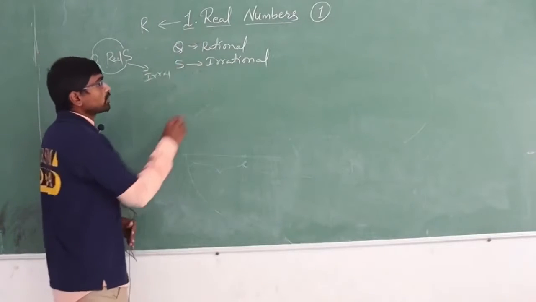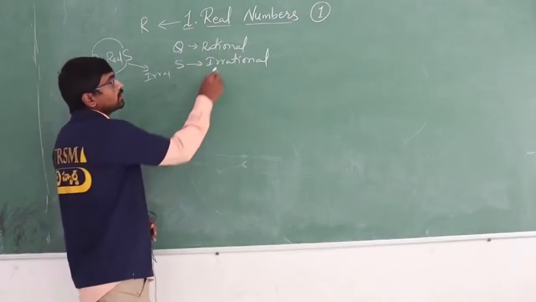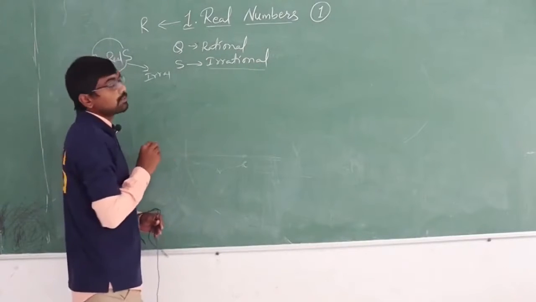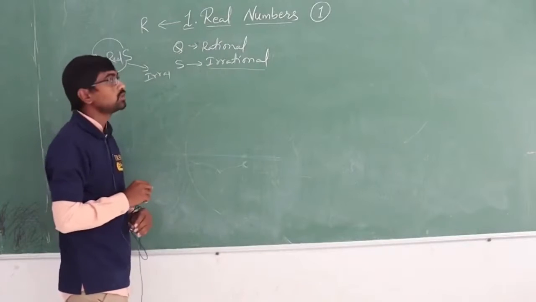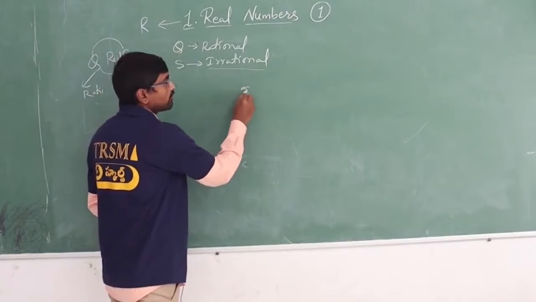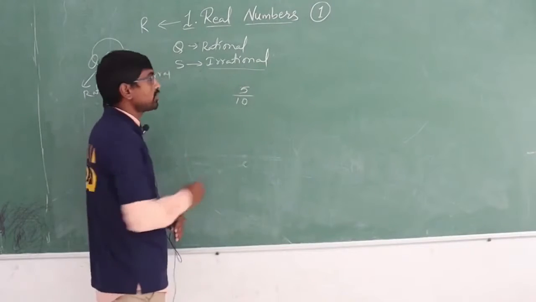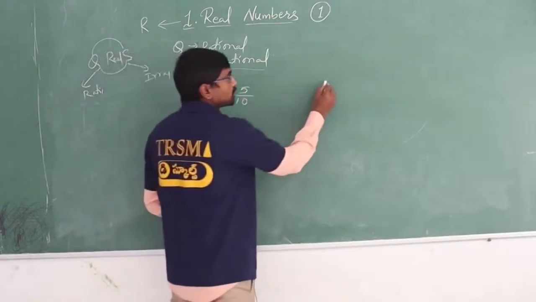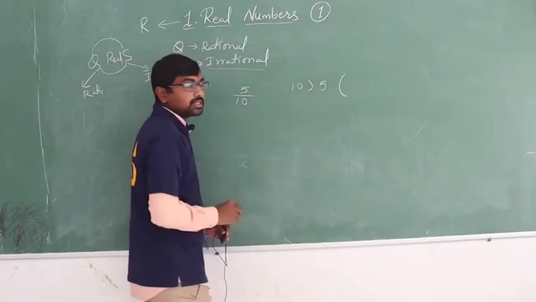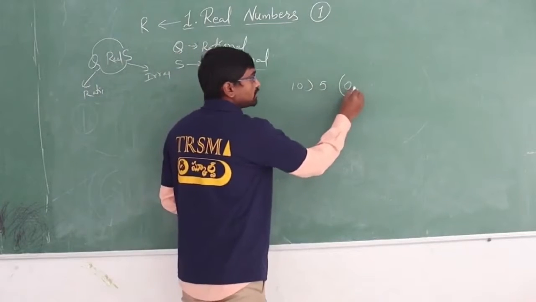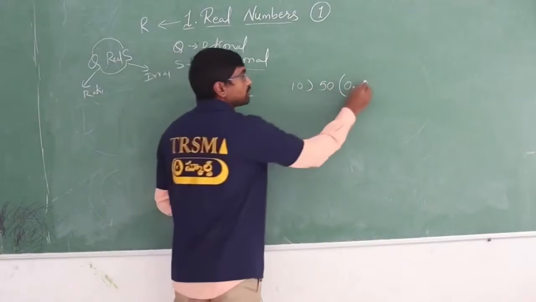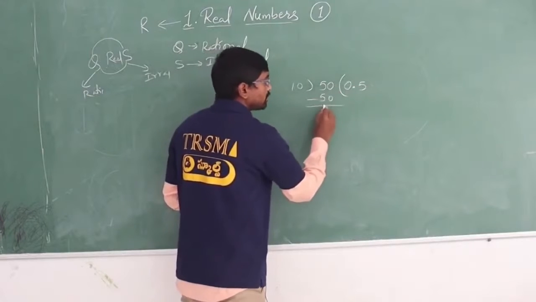Now let's discuss the actual definition. The numbers can be written in the form of p by q. For example, I am writing 5 divided by 10. Whenever I divide 5 by 10, 5 won't come in the 10 table, so here I will write 0. I am converting to decimal form. So 0 point, 10 5s are 50, and the remainder will be 0.